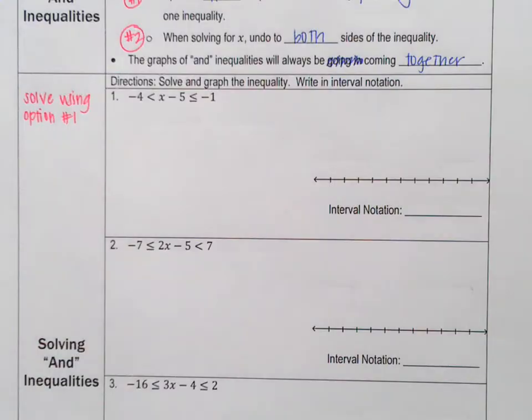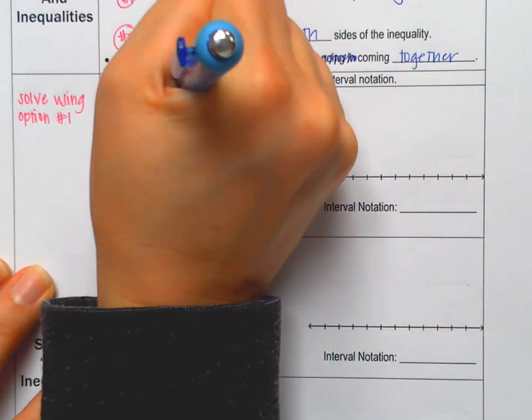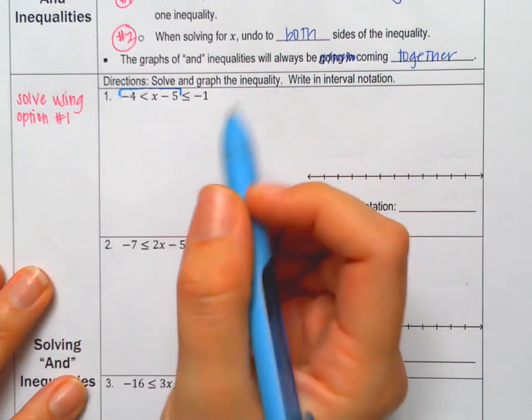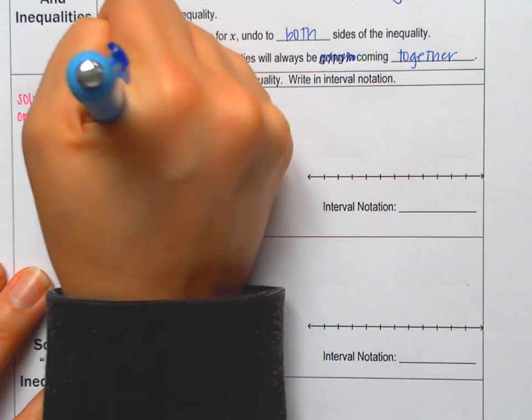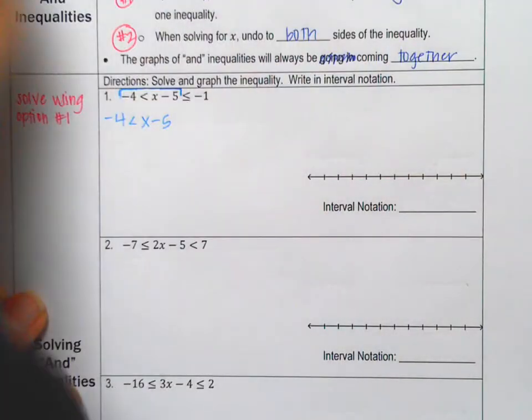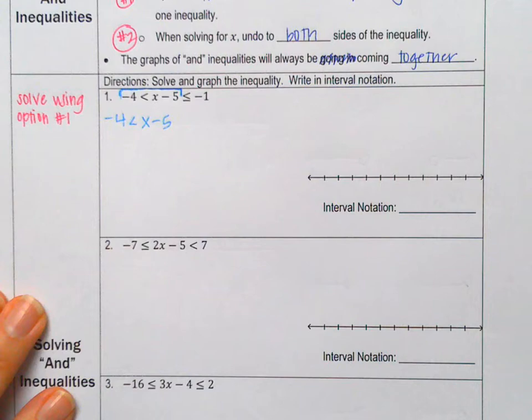One of the inequalities would be here: -4 is less than x minus 5. I'm going to write that as 1. -4 is less than x minus 5. And then the second inequality would be looking at this part.